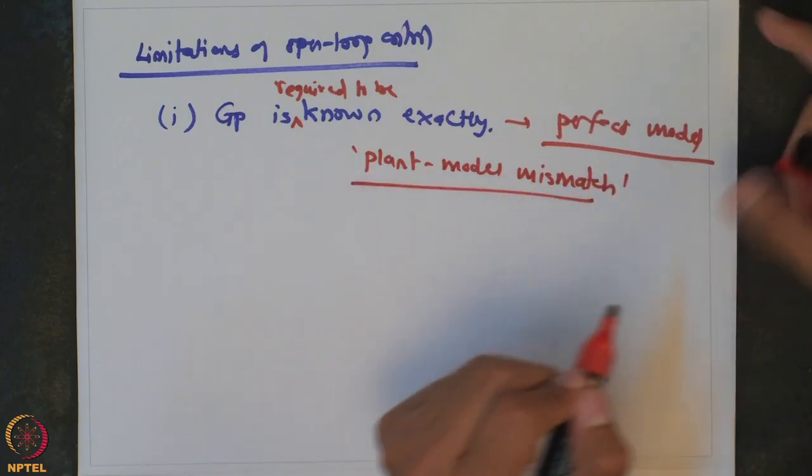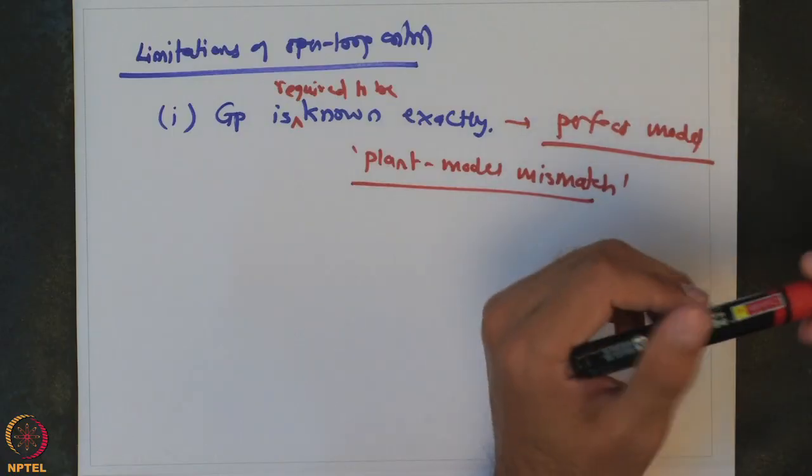So, if that is the case, your open loop control will not work, because it will assume that the process is going to follow a certain relationship, but in reality the actual system does not follow that relationship. So, because of this plant model mismatch, you will never reach the set point, and that is one of the major reasons why feedback control is needed.